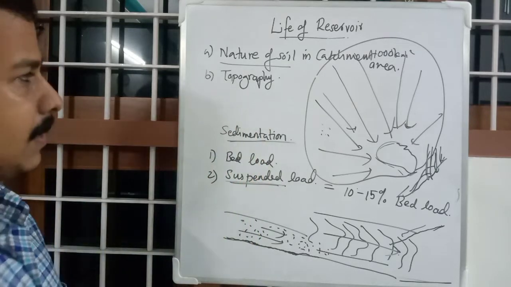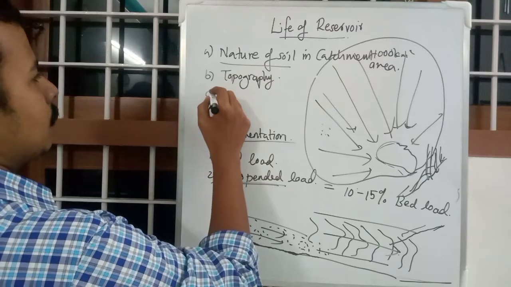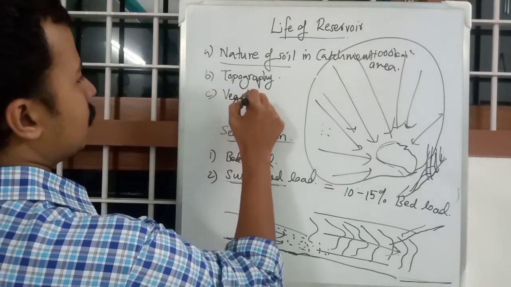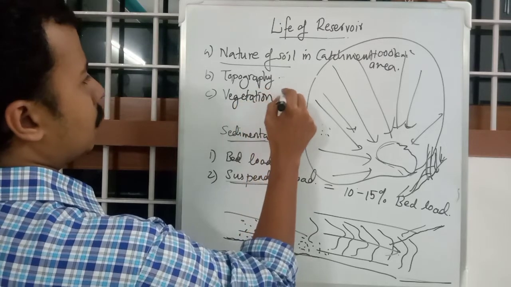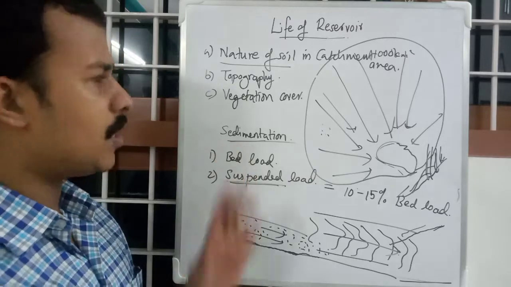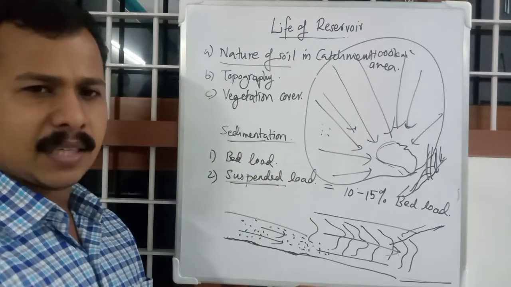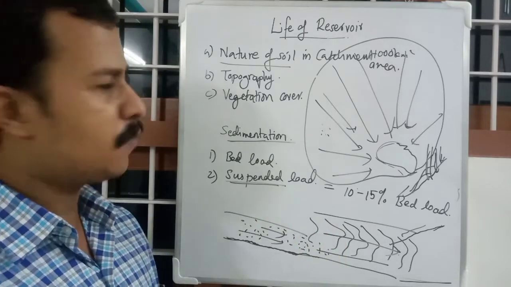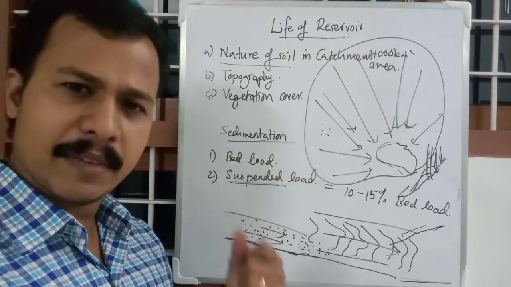Then third one, vegetation cover. It's very obvious. If there is vegetation cover, if there is grass, trees and everything, erosion will be very less. So if there is vegetation cover, sedimentation will be very less.